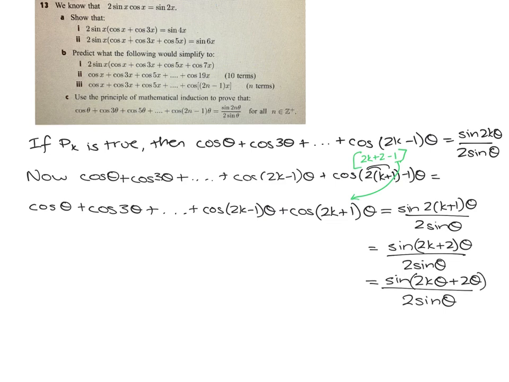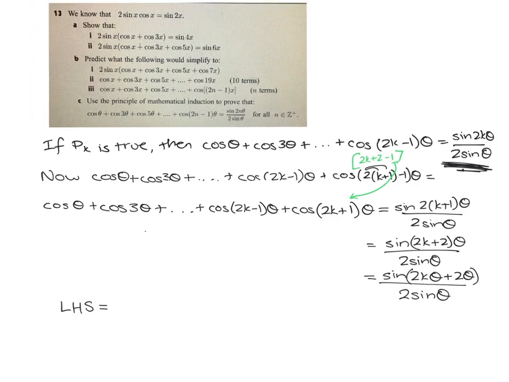Okay, so let's just now say what's our left hand side going to equal, and then I'll go to a new slide. So our left hand side is going to be this bit, isn't it? Because this bit is going to sub in for this first section. This is a long question.